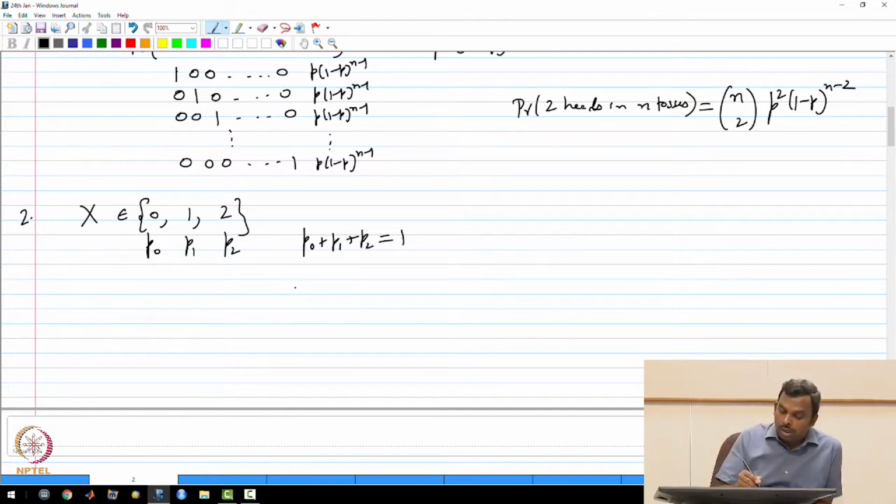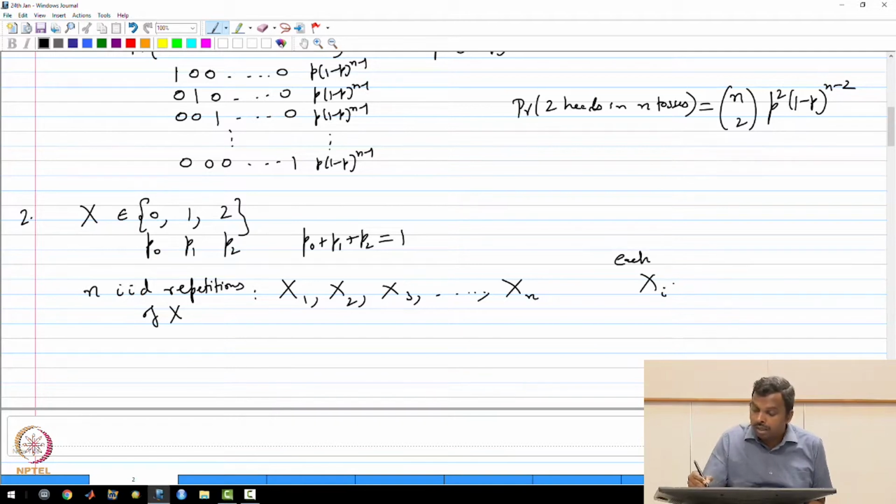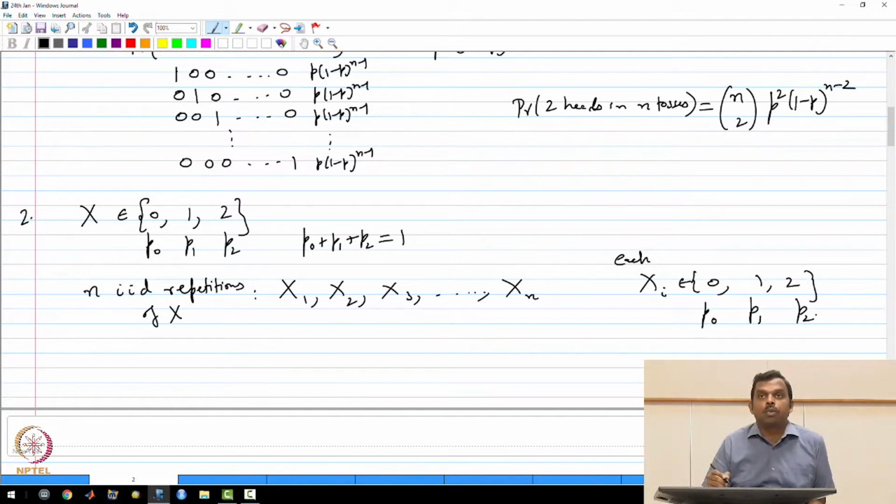Now I'm going to look at n IID repetitions of x, and I will call them x1, x2, x3, so on till xn. What does that mean? Each xi takes 3 possible values, 0, 1, 2: value 0 with probability p0, value 1 with probability p1, value 2 with probability p2. Remember again, these are all IID repetitions of this random variable. So each random variable here takes 3 values, and that can happen n times.